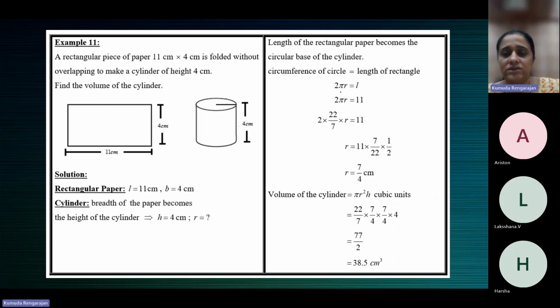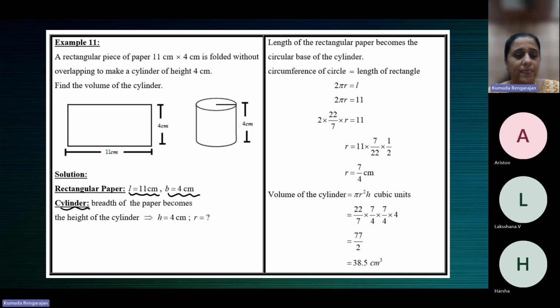So what I've written here is the circumference of the circle is equal to the length of the rectangle. Let me read from the beginning. For the rectangular paper, length is 11 centimeters. Breadth is 4 centimeters.